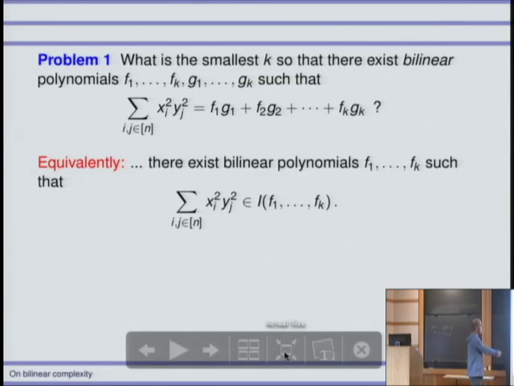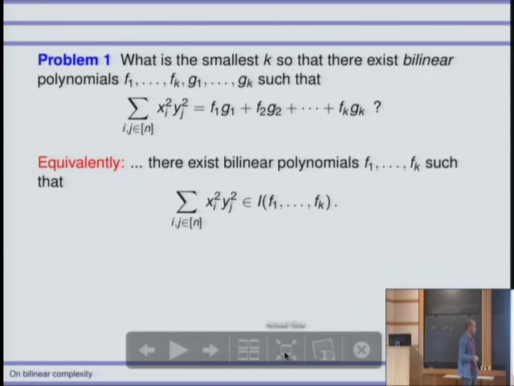This should be easy to see: if the sum of squares polynomial lies in the ideal generated by f1 through fk, then you can express it in this way, where g1 through gk are some polynomials. Then by comparing the degree on the left and right-hand side, without loss of generality the g1 through gk will be bilinear. So this is an equivalent formulation of the original problem.